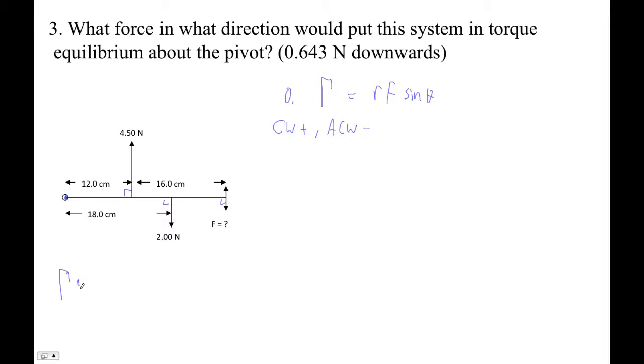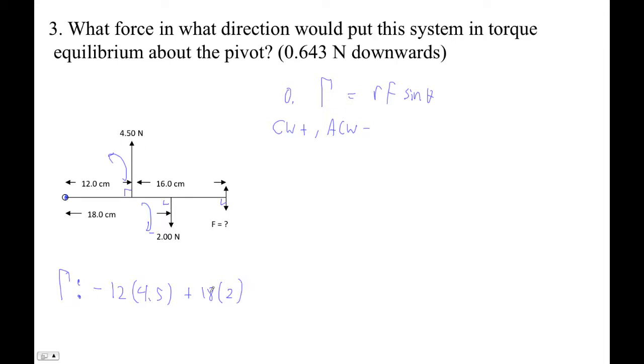This guy is anti-clockwise, so we go minus 12 times 4.5. And then this guy here, plus 18 times 2, because it's clockwise. This guy tends to spin it clockwise. This guy will tend to spin it anti-clockwise.